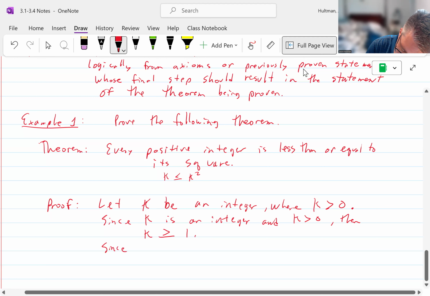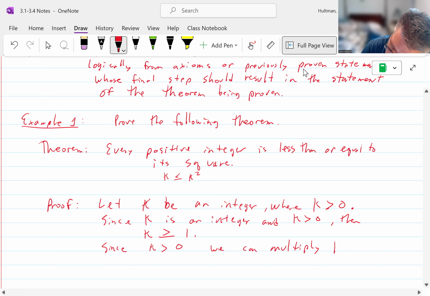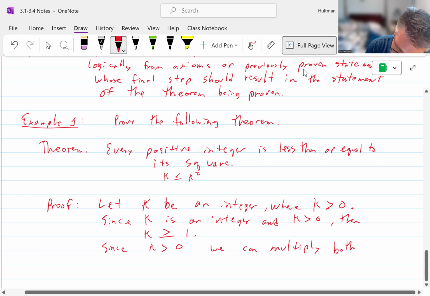Since k is greater than 0, okay, it's positive, we can multiply both sides of k greater than or equal to 1 by k. And it's not going to change the inequality symbol if we do that, right?